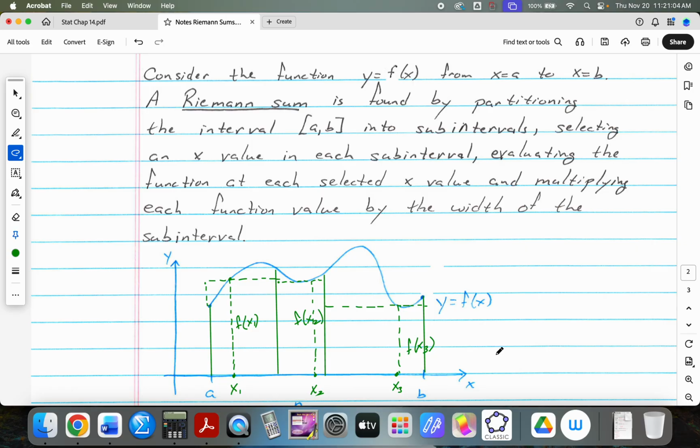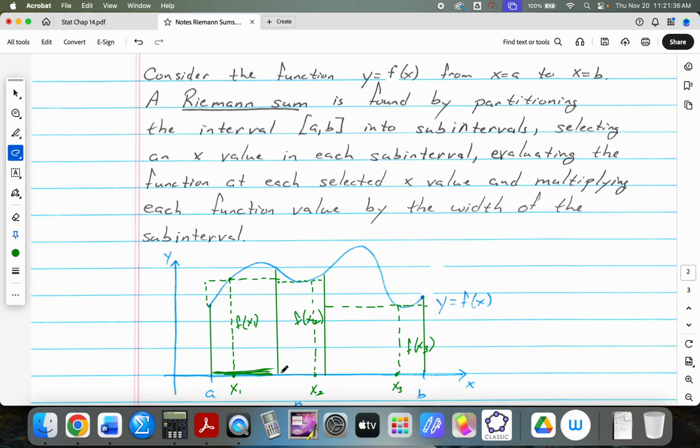And this is the most general form of a Riemann sum you can have. Divide it into some subintervals, find the height at some random point, multiply it times the width. Yes, sir? So it's from a to x1 times the height? No, it's the width of the subinterval.